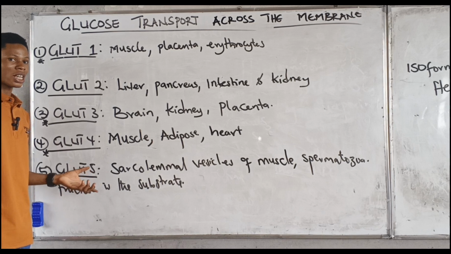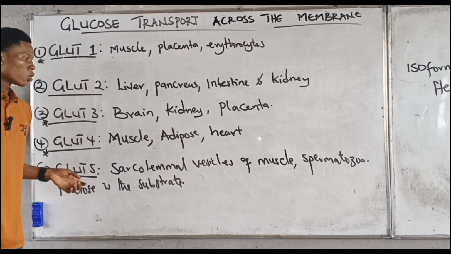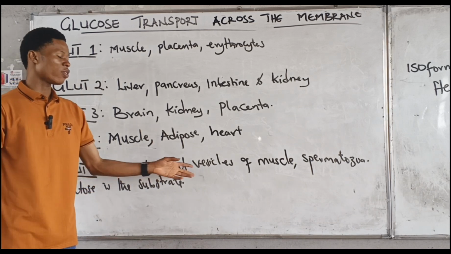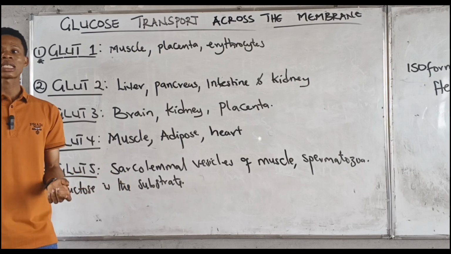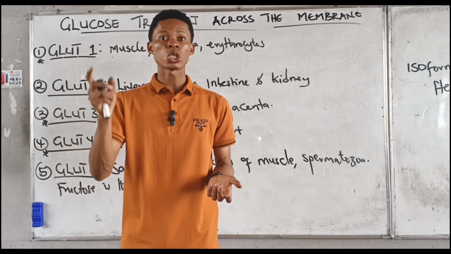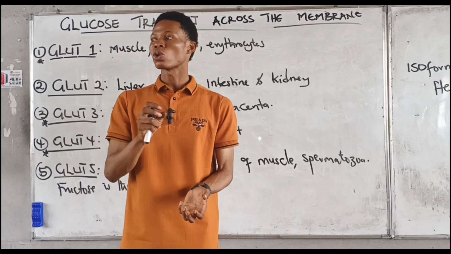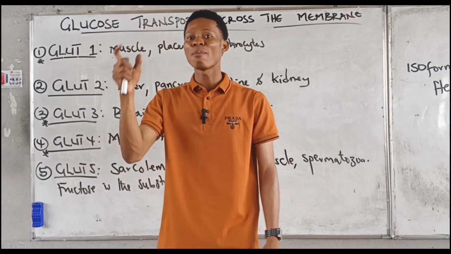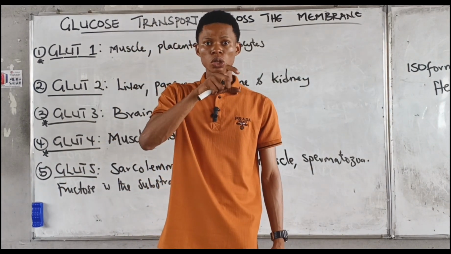Then GLUT5. Now listen to this GLUT5 very well. We said it's located in sarcolemma vesicles. Now, sarcolemma is seen as plasma membrane, but it's used for only the muscles. So sarcolemma is the plasma membrane of the muscle. Do you get that?